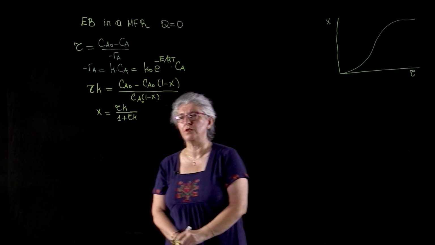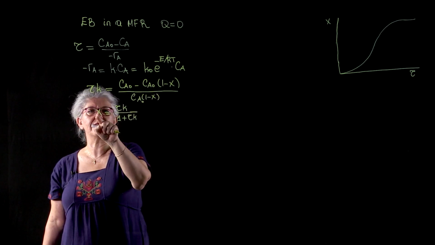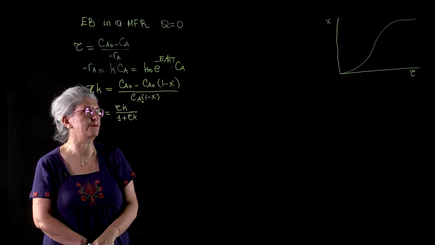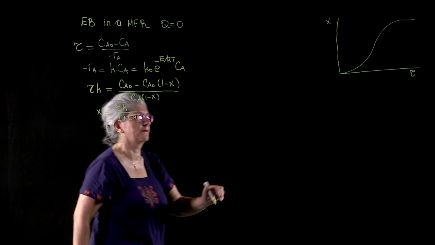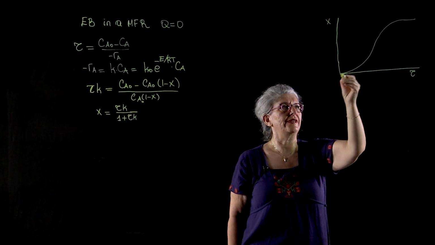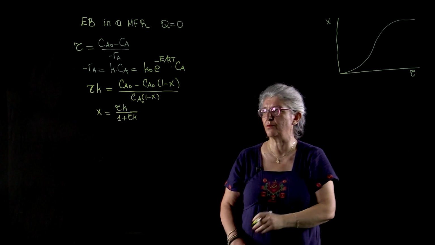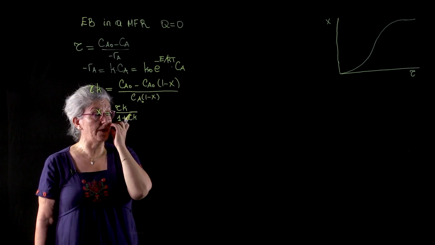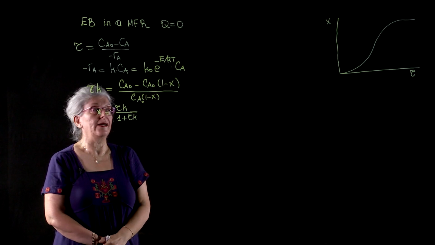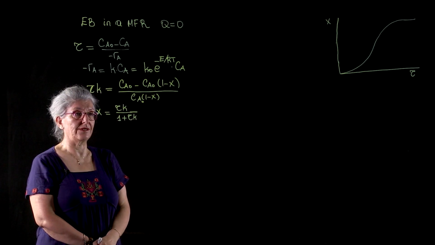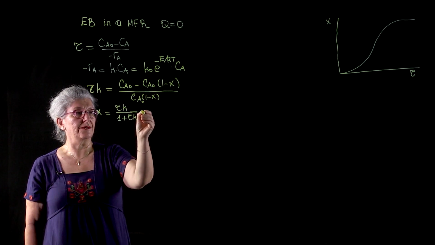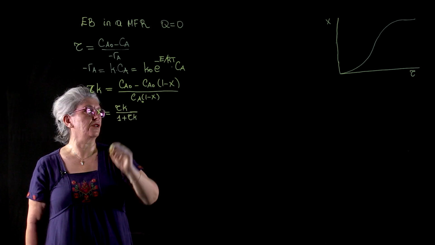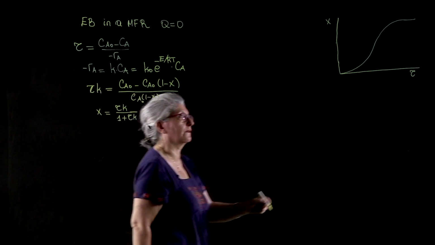For very small tau, the x and tau relationship is almost linear. For very large tau, or very large tau k, the x and tau relationship approaches the asymptote where x is unity.